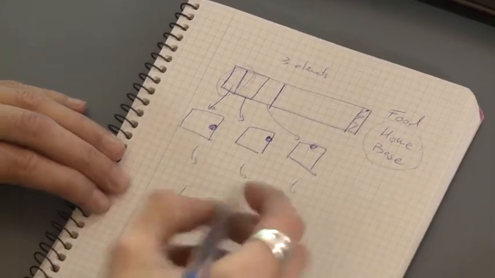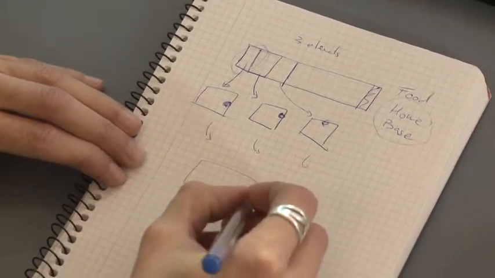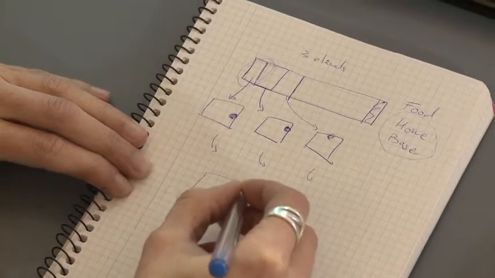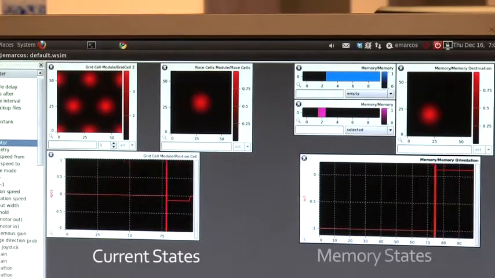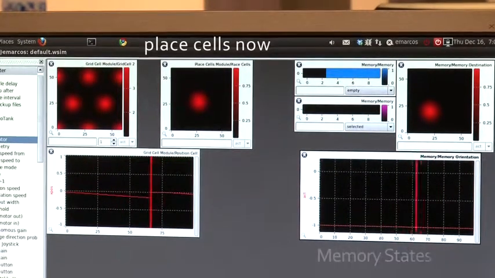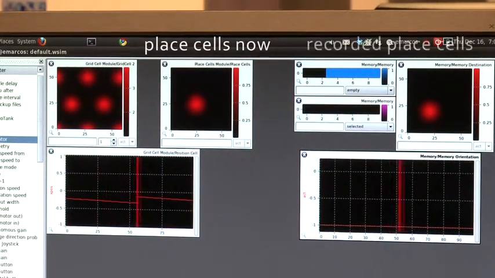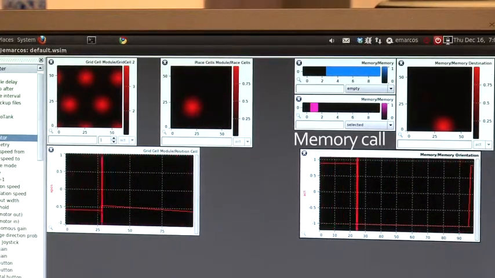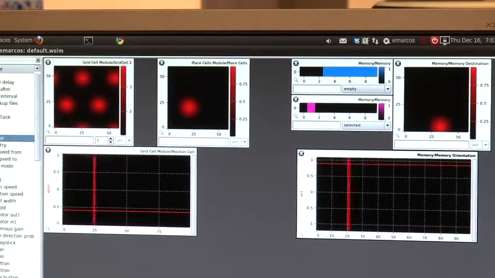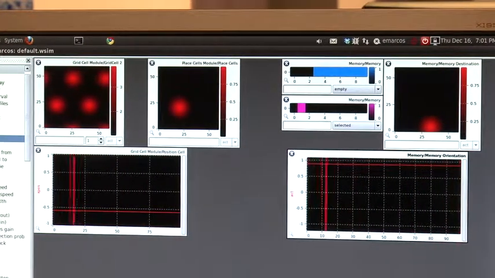So it will follow this sequence and it will go to the destination. So we can see that the robot tries to go to the destination position. When it reaches it, a different position in memory is selected and a different place cell is recalled from there. The robot has to go to reach that position.